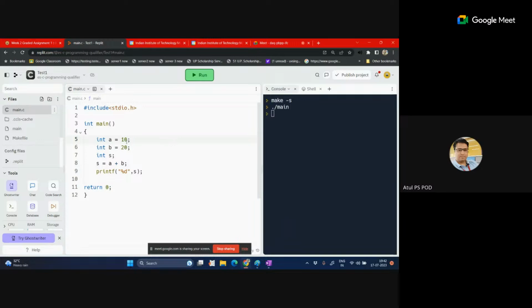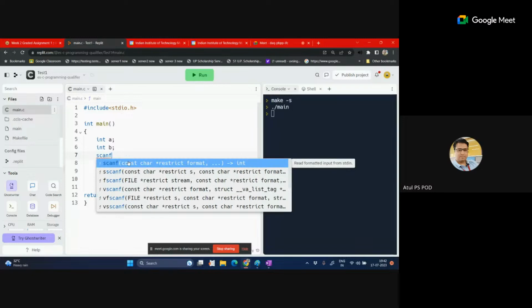So how can we take the input for A and B at runtime, or as we generally say, from the user? For reading the input from the user or from the console, we simply write scanf.